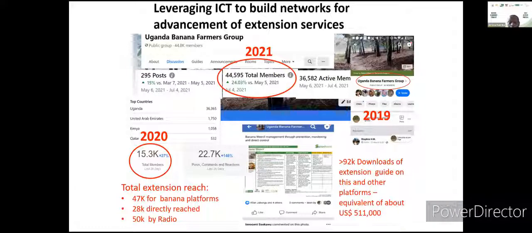For example, we wrote an extension manual, an extension guide, that we produced in 2019. By last year, we had got 92,000 downloads. Because it was a 60-page manual, if we were supposed to produce 92,000 copies and distribute them to the people, we would have spent $500,000.